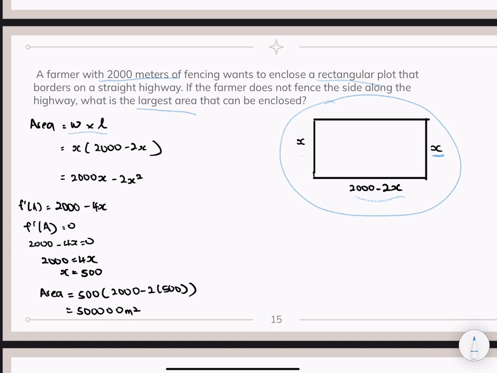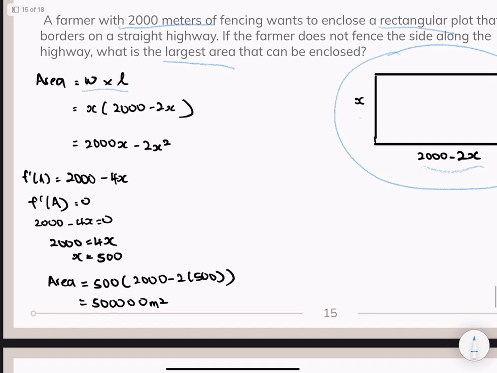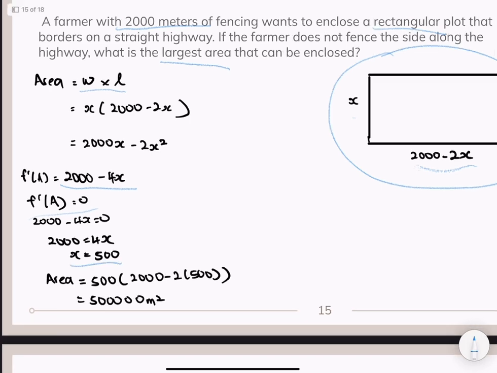After that, we make this function to a derivative function, so it will become 2,000 minus 4x. So we need to make the derivative equal to 0 so that we can get the x value, which is 500.